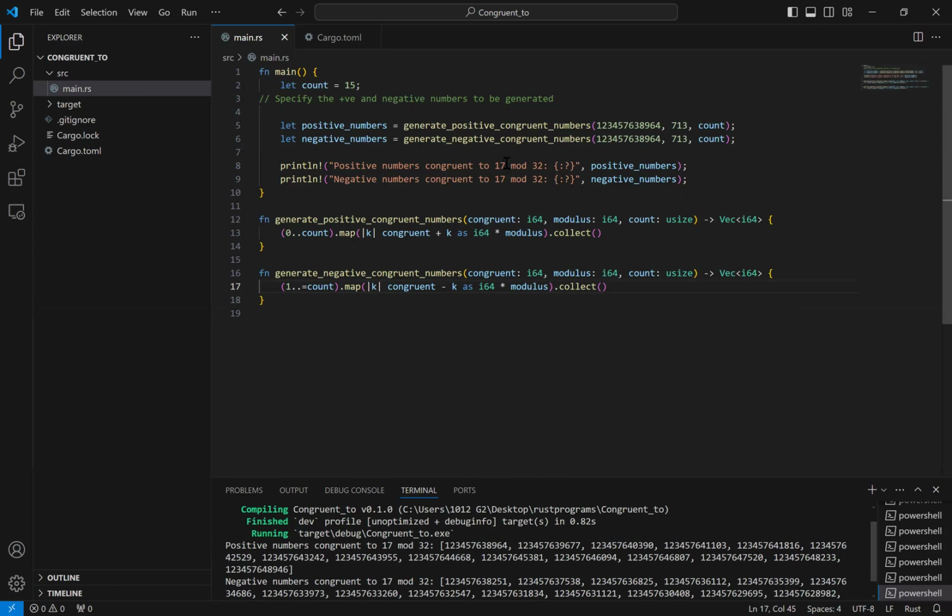Oh, we didn't change here. So 17 is from what we asked it to print. We just changed that part. I was wondering where the 17 mod 32 was coming from. It's here, where we told it how to print the result. So you can just change this.